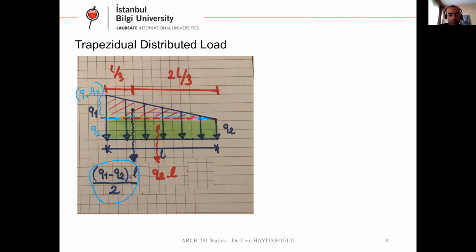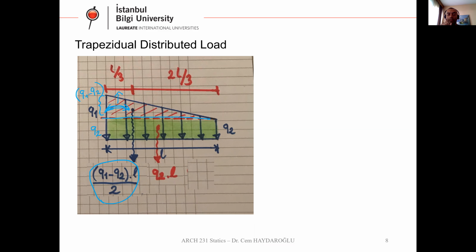So these are the distributed load types. Okay, what you have to know here. The first one is magnitude of a distributed load. To convert to the concentrated loading, we have to calculate the area. That gives us the magnitude.